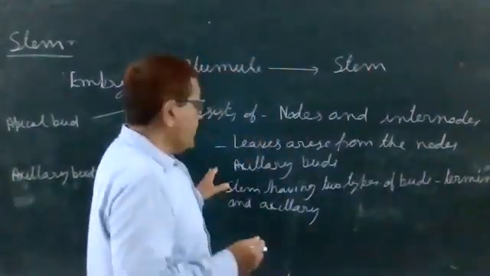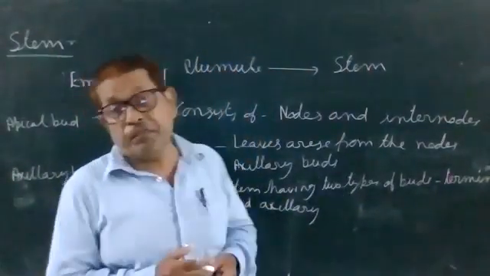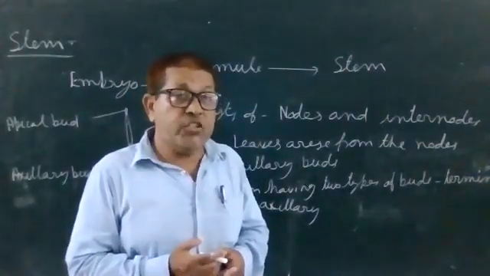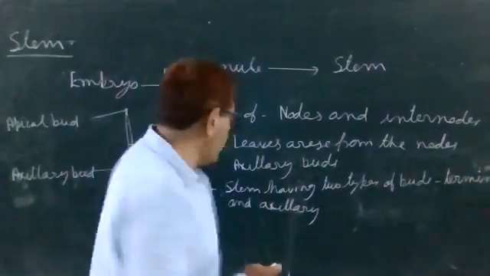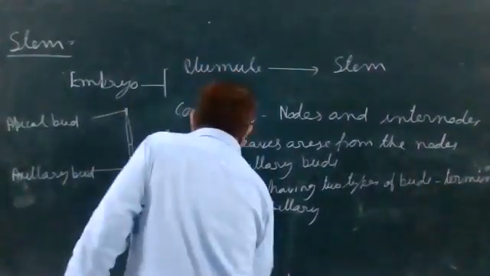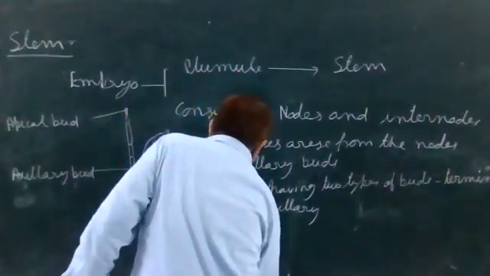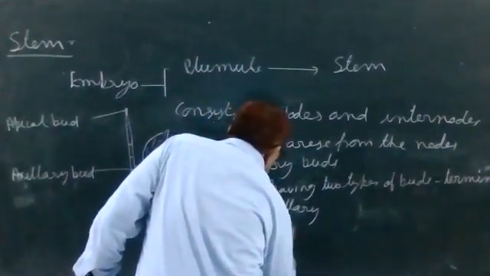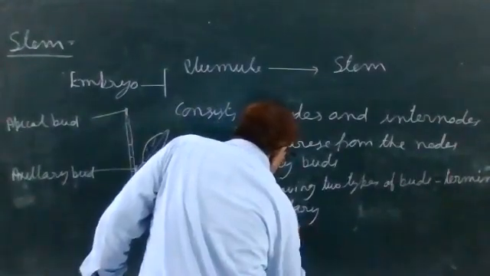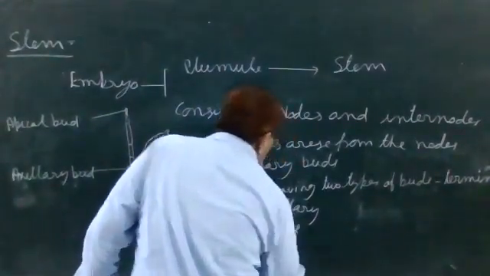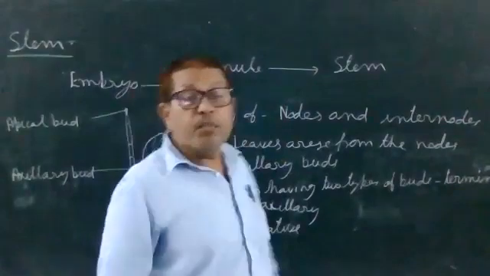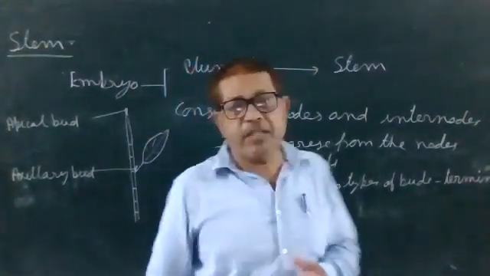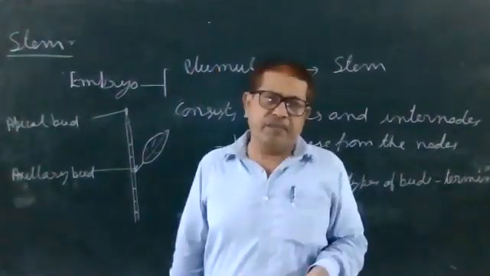One important feature is there: stem is geonegative or photopositive. Geonegative means it moves away from the ground.